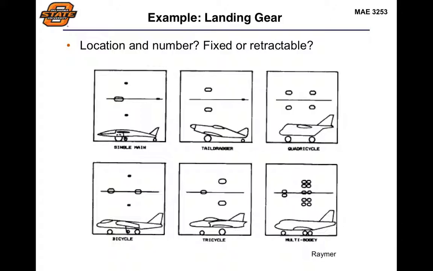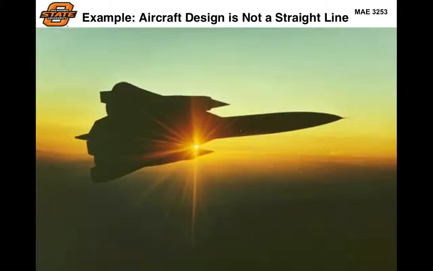Ditto for landing gear. You have a lot of options in how you're going to lay your landing gear out. So you have to make that determination about which one is going to fit your particular design, and again, come up with an engineering justification for why you're making that particular selection.